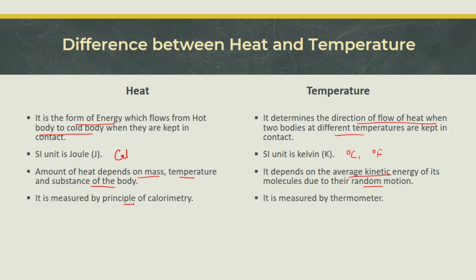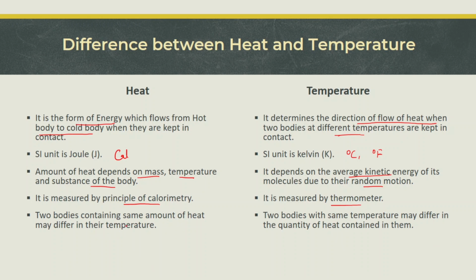To measure heat, we use the principle of calorimetry, and to measure temperature, we use a very common device which is a thermometer. Two bodies containing the same amount of heat might differ in their temperature, and two bodies with the same temperature may differ in the quantity of heat contained in them.